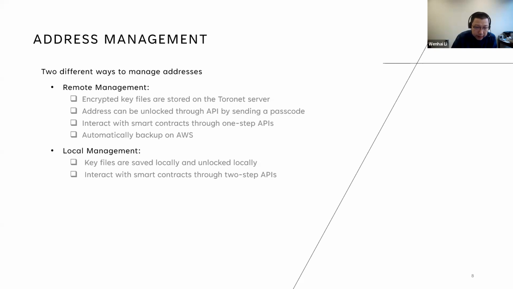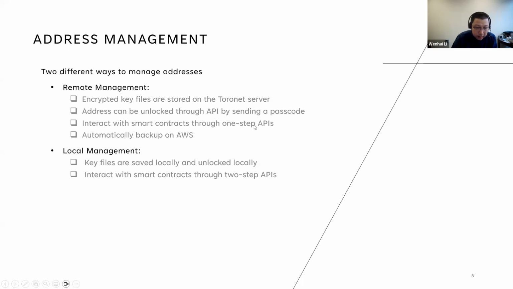What's the advantage of this? The advantage is that by doing it this way, the developer does not need to worry about where this file is, and we provide a specific API that works with this kind of address. Basically we call them one-step APIs. What does it mean?